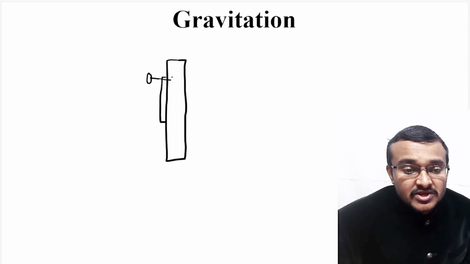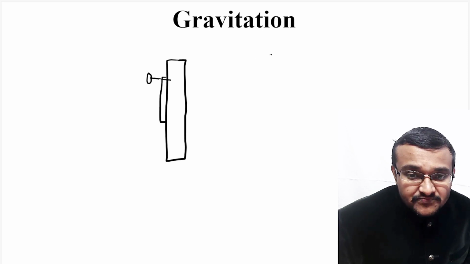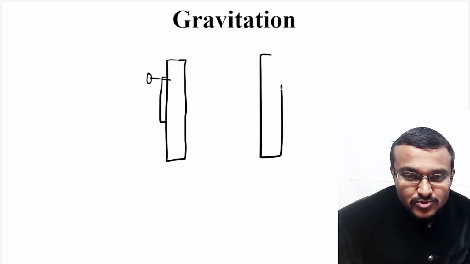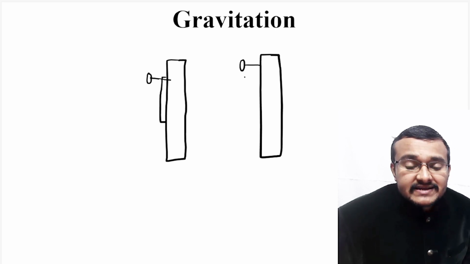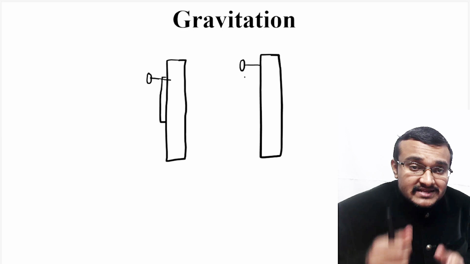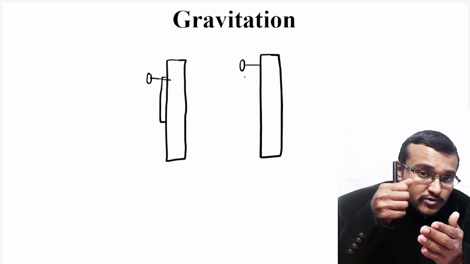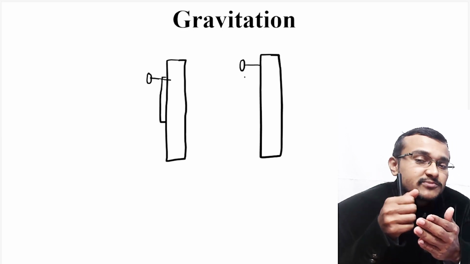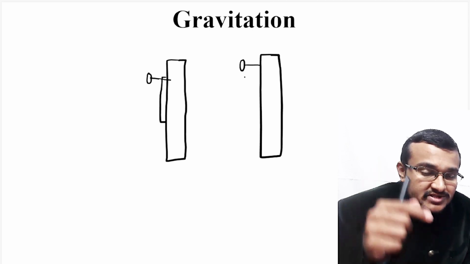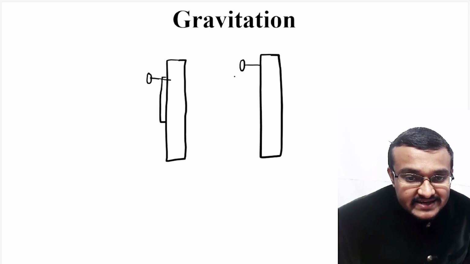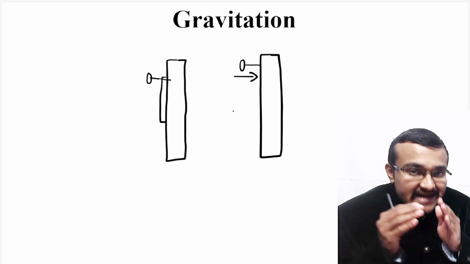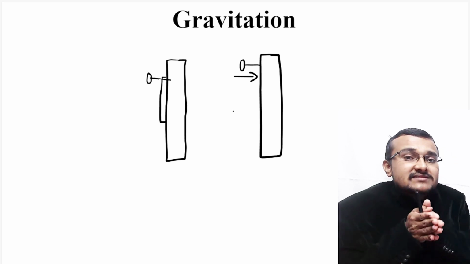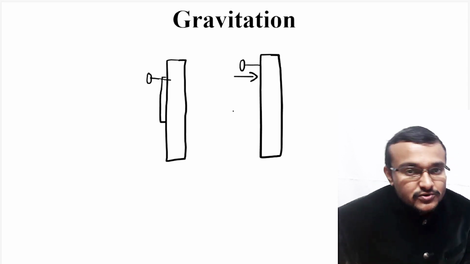When you keep this nail on the notice board, you will put some amount of force on the head of the nail. When you put that force in this direction, which is perpendicular to the notice board, that means you are applying thrust on that notice board.